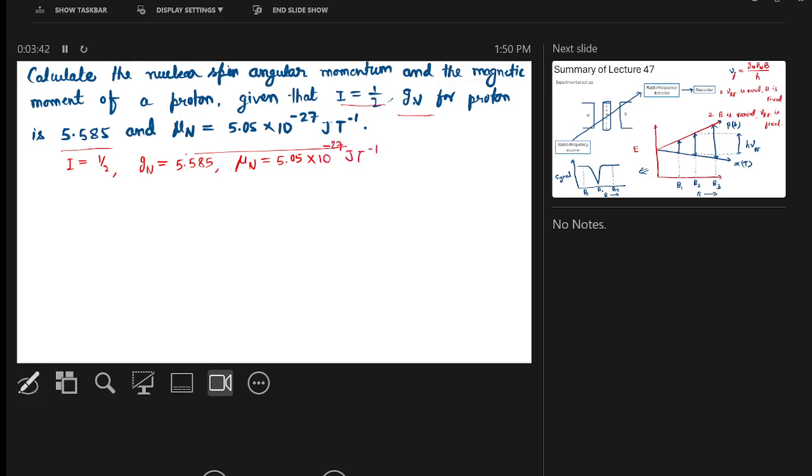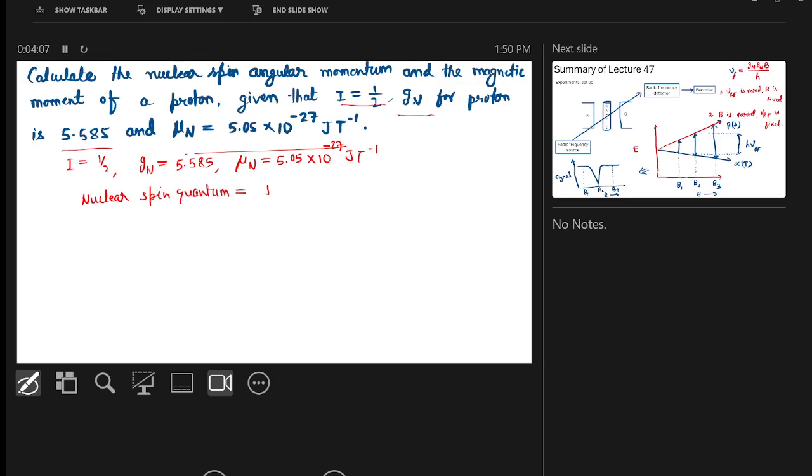So what is the question asking? The nuclear spin angular momentum.